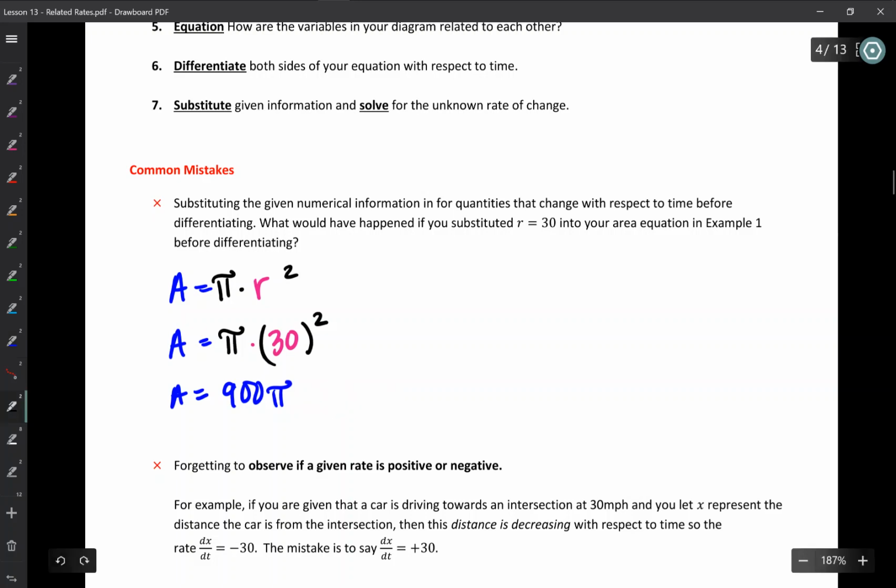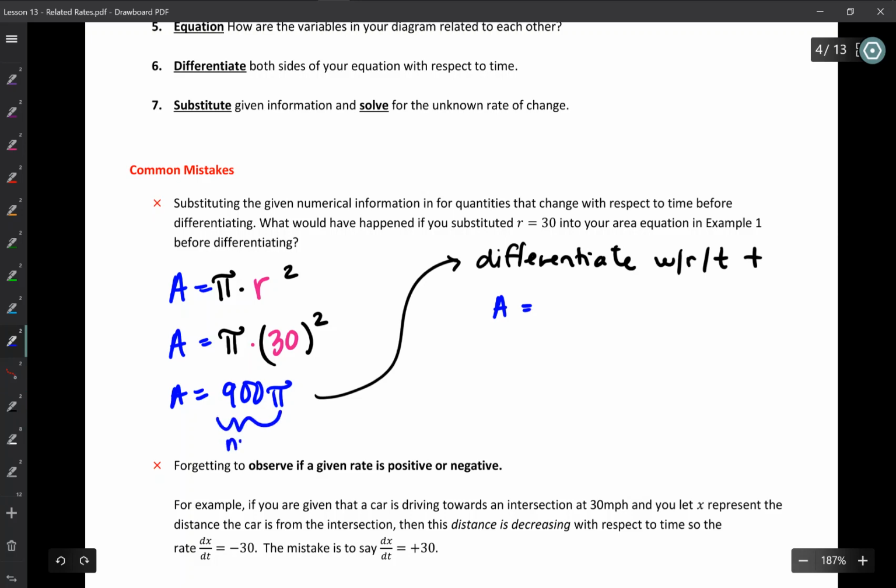If you then go ahead and differentiate with respect to time, what do we have? Oh, we have the derivative of a constant. This is just a number. Oops, I didn't write prime. A prime, or dA/dt, is 0. That's not what we're asked to find here.